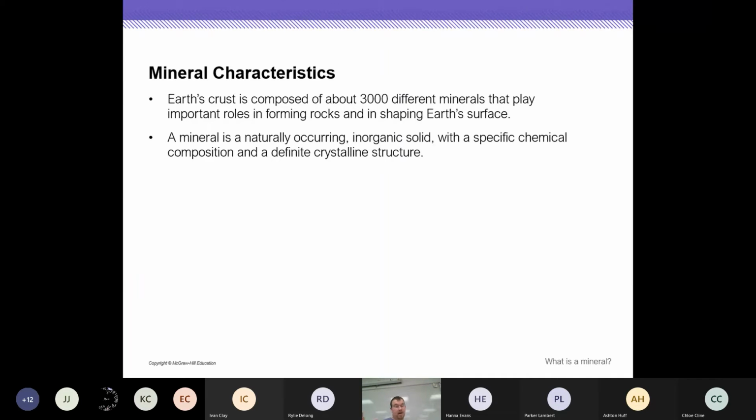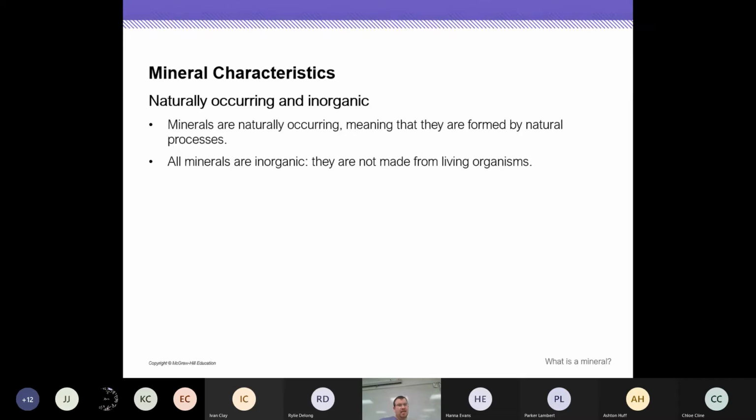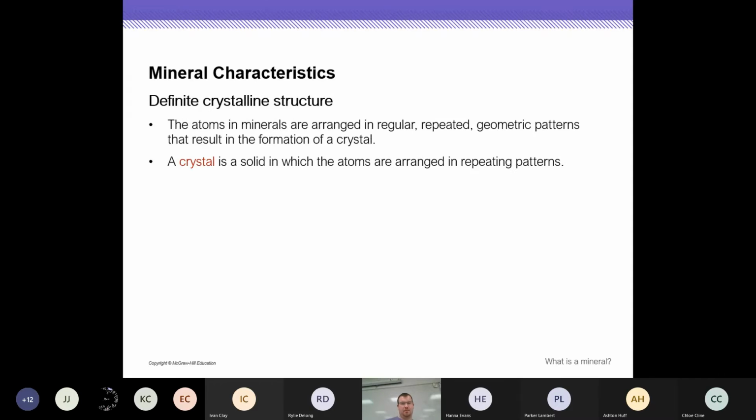Minerals are naturally occurring, they are inorganic, and they have a specific chemical composition. Like I said, they're naturally occurring and inorganic, and I don't need to talk a lot about that. And you have a definite crystalline structure.